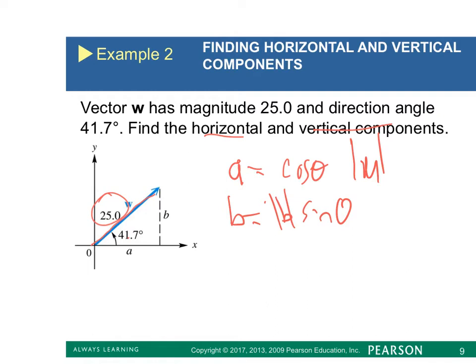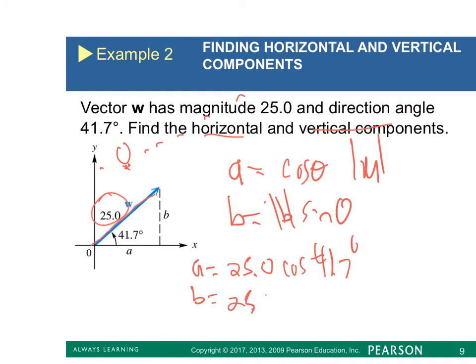So if I want the two components, that's A and B, A will be, let me just type 25.0. That doesn't mean there's no decimals. There could be other decimals after the 0. He's just rounding it to the 10th place. 25.0 cosine of 41.7 degrees, and B would be 25.0 times the sine of 41.7 degrees.